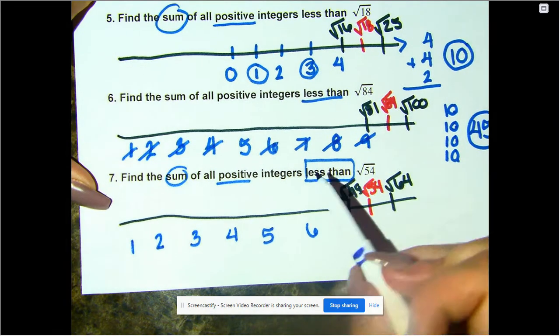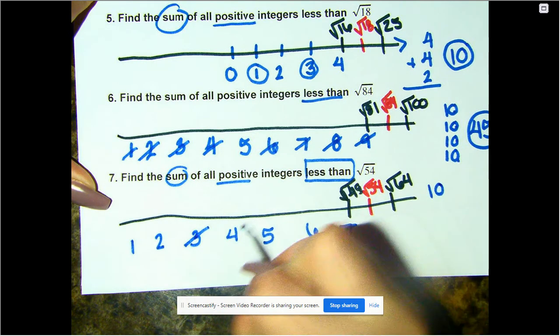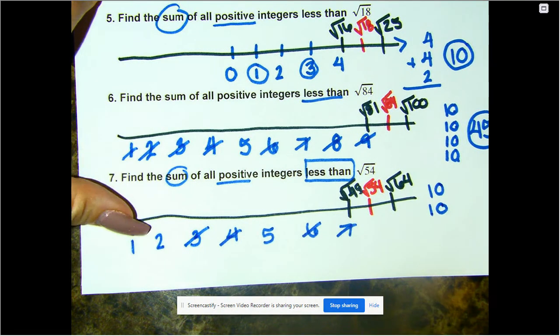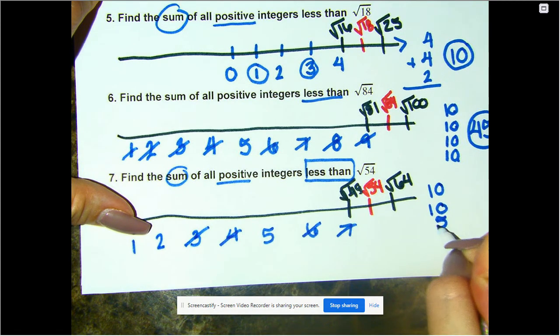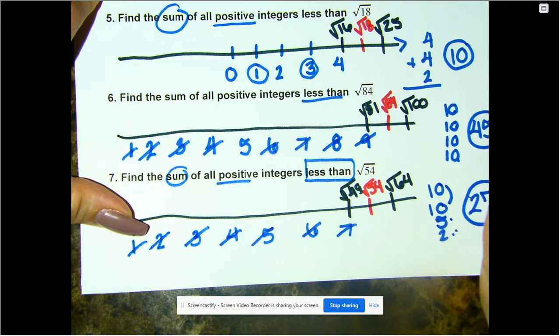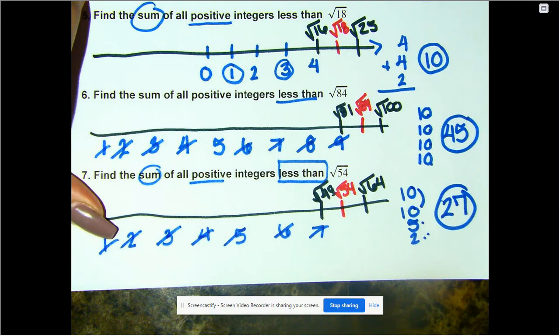So let's do 3 and 7, 6 and 4. Okay, if I do the 5, and then 2 and 1 makes 3. Okay, so here we have 25, 6, 7. So 27 is my total, or my sum of all positive integers less than the square root of 54.